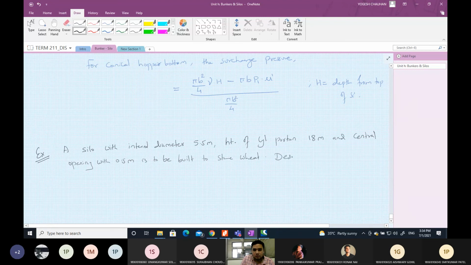Design the silo using M20 grade of concrete and Fe415 steel.